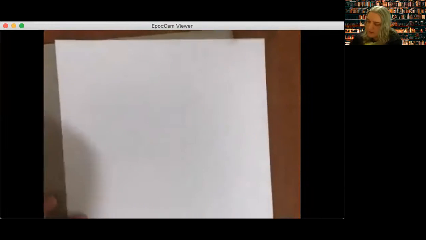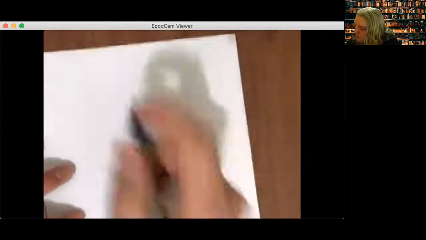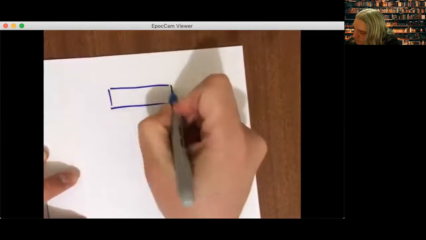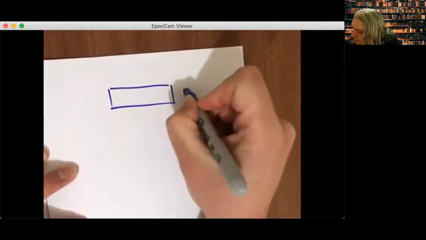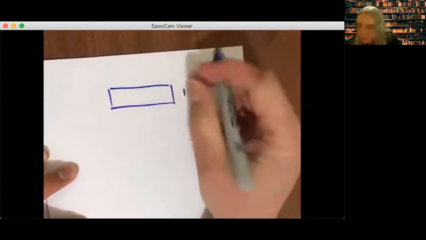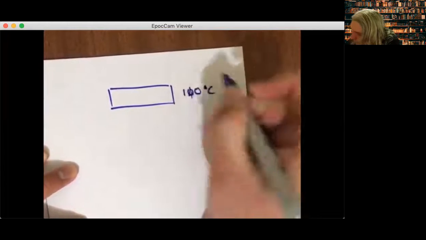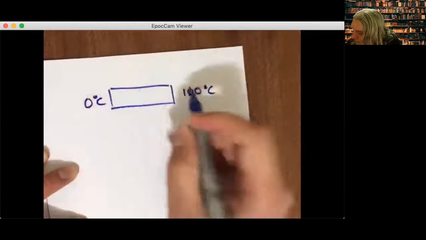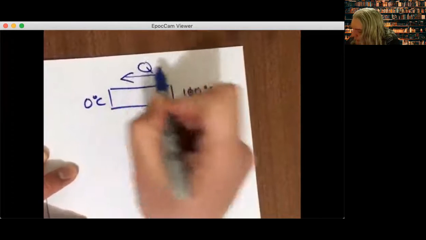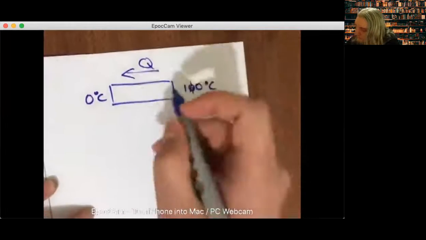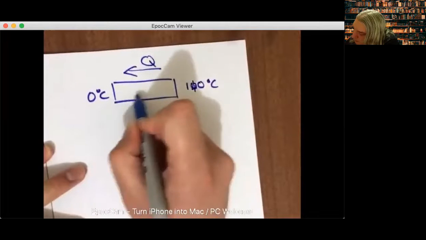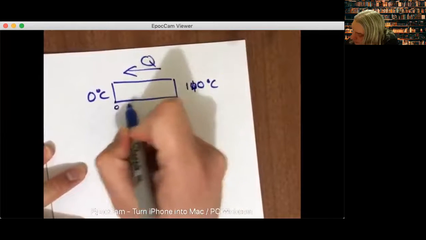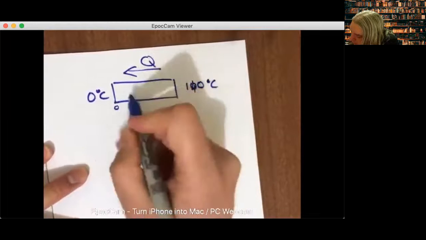What is the temperature halfway along the bar? So we've got our copper bar. This end is at 140 degrees Celsius. This end is at 0 degrees Celsius. So we're going to get heat flowing from the hot end to the cold end. If you measured the temperature at each point, I'm going to turn this bar into a bit of a graph.